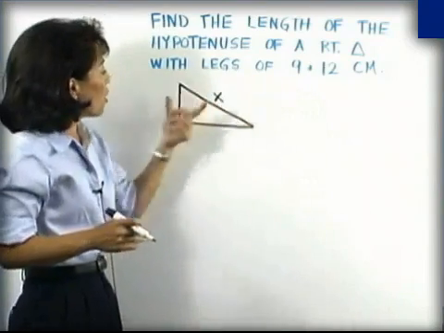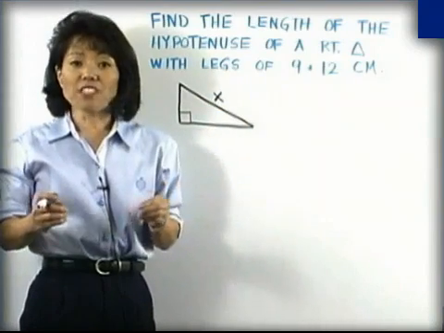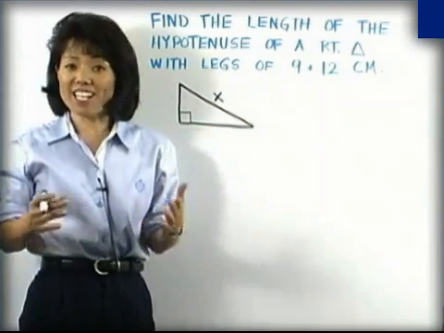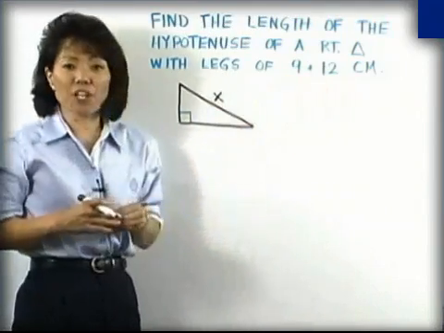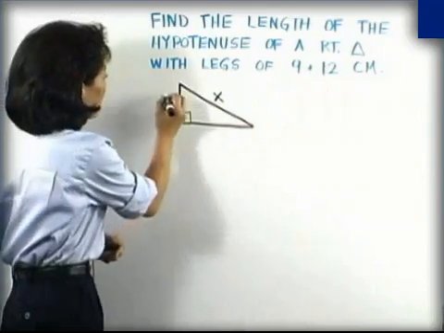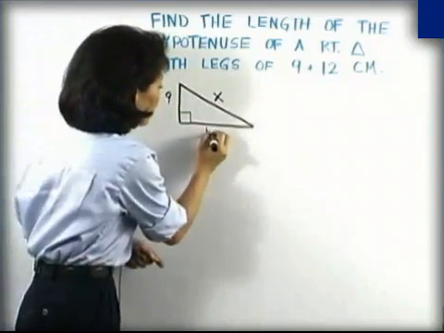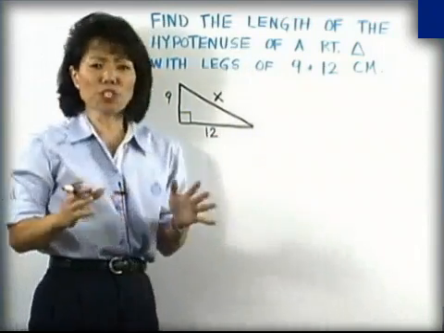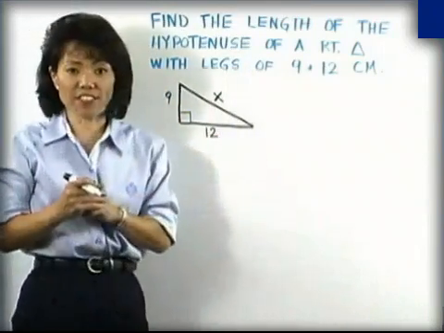Now the other two are called legs, and in this problem we're given that those lengths are 9 and 12. Now just for visual effect, we're going to go ahead and make the shorter looking leg 9 and the longer looking leg 12. But again, don't go by the drawing at all times. Just go by the numbers that are given.